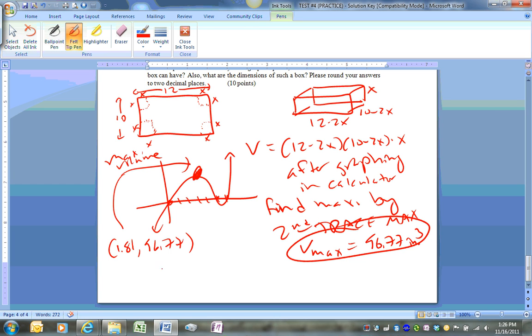Your dimensions will be 12 minus 2 times 1.81 for your length, 10 minus 2 times 1.81 for your width, and you also will have 1.81 for your height. So if I get my calculator, I have to go grab it, give me one sec here.